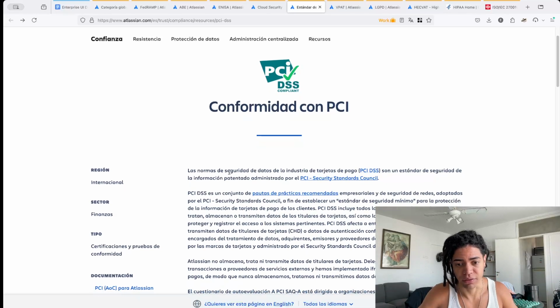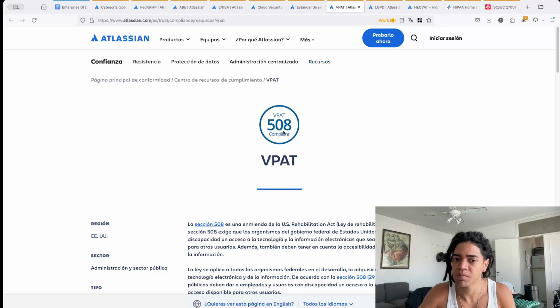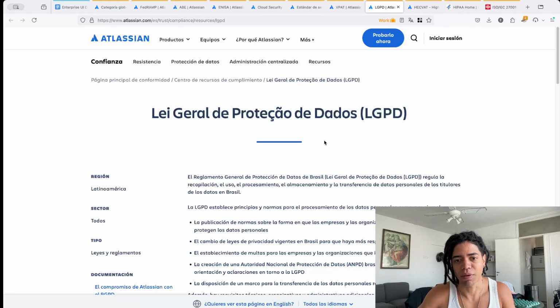Ooh, that's sensitive. Payment card. What's the PCI? Security Standard Council. Oh my god.